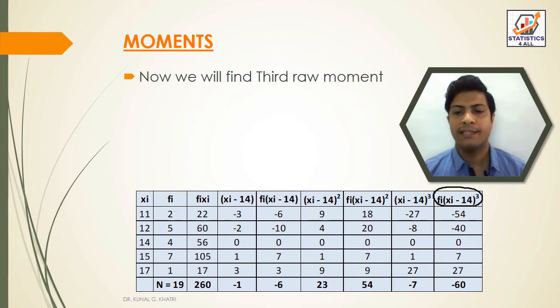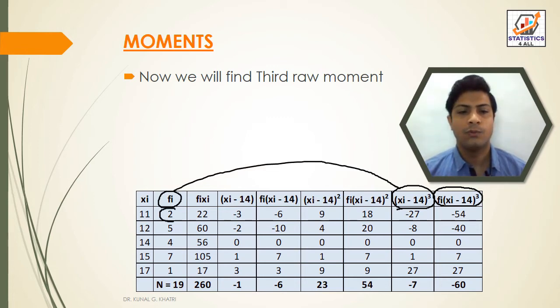So for that, (xi minus 14) whole cube into frequency. So find this value, 2 into minus 27, that is equal to minus 54. Then 5 into minus 8, that is equal to minus 40.